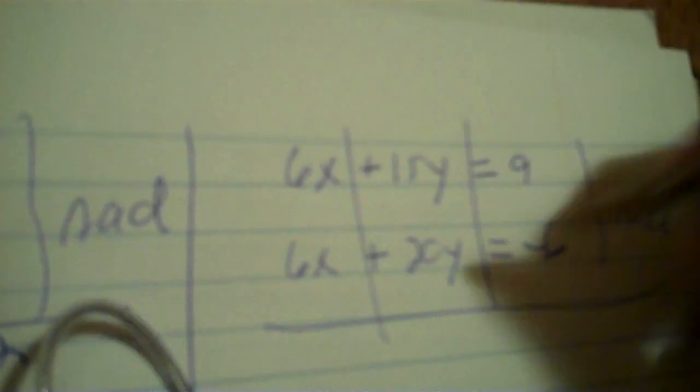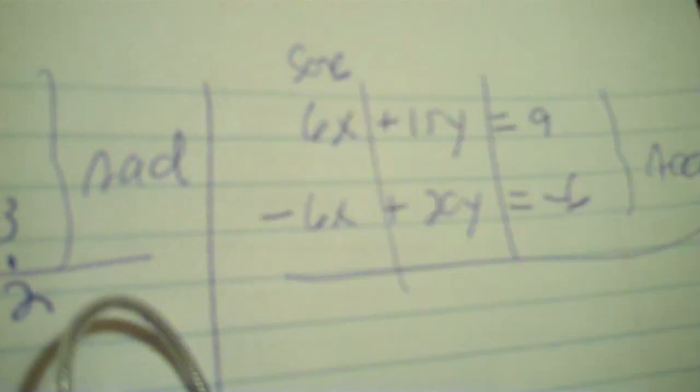Now you still don't have anything that adds to 0, but you have the same here. So if you make that opposite, it will add to 0, but then 20 goes opposite and the 6 goes opposite. So those add to 0x. Don't cross them out, put 0x. Then 5 plus 15 plus negative 20 is negative 5y. And 9 plus 6 is 15.